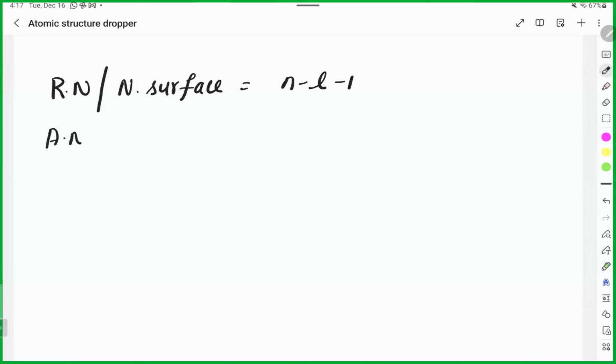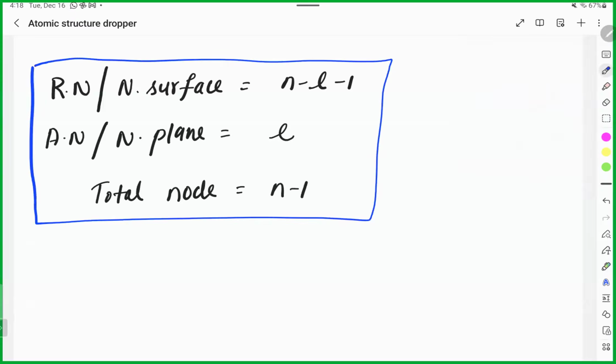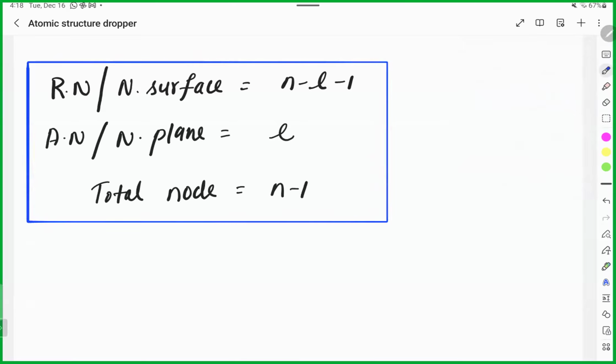If you take angular node or nodal plane, your value will be l. And total node, you calculate n minus 1. That is the summary, nothing else. You won't be asked more than that. You can solve most of the questions.